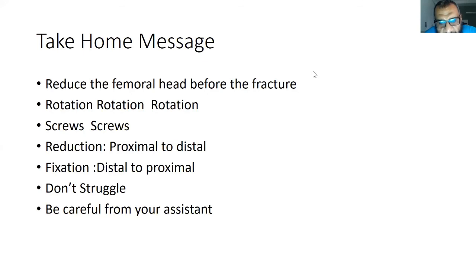Another paper from our center in Alexandria, published in Injury 2017, is about posterior column fixation and anterior column screw in 35 cases of T-shaped acetabular fractures. We managed all cases like the case you have just seen, by doing a posterior approach and reduction of the anterior column and fixation by an anterior column screw.